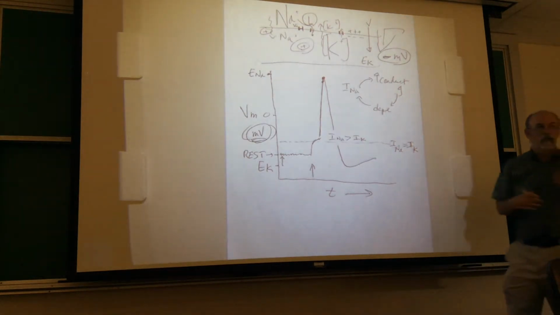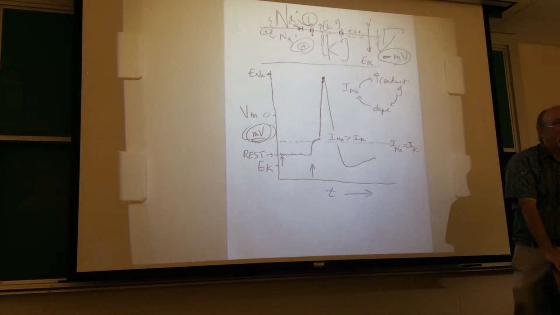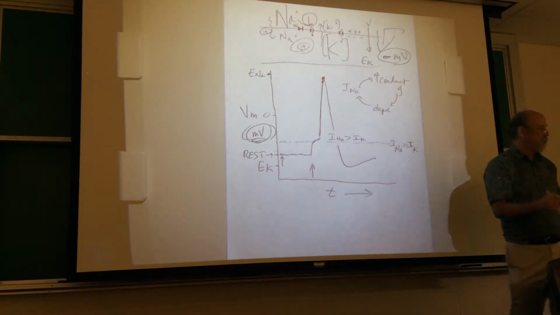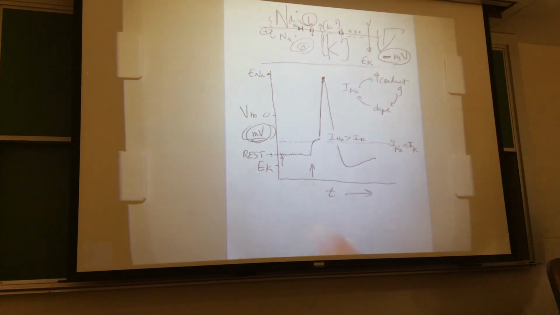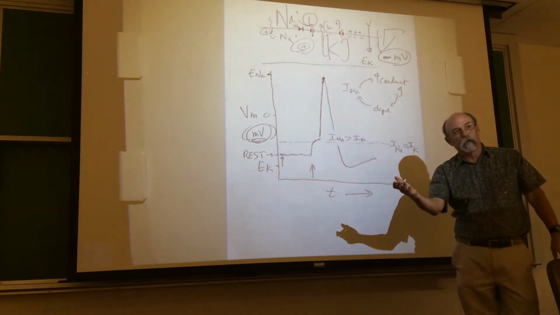It's easier, I think, to start talking about driving force again with sodium, right? So what do we say is the driving force for an ion? Well, fundamentally, we go back up here. It wants to go in, so that's the driving force, right? But at the equilibrium potential, it doesn't flow.